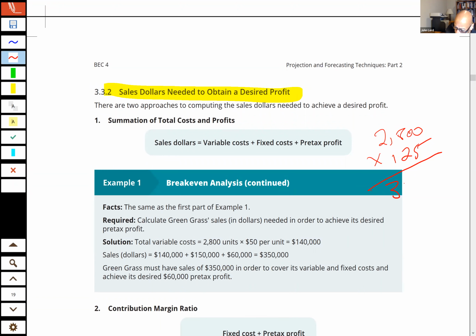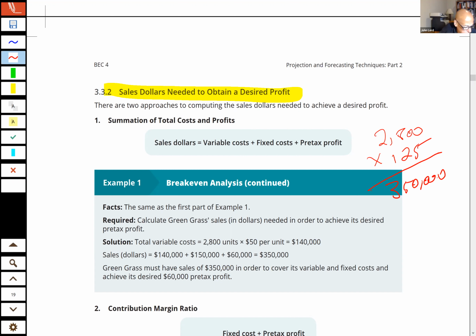You get $350,000. Why are they making us go through all that other nonsense there? Okay, good. Or you could use the contribution margin ratio, and that automatically turns it into dollars. So I guess you could flashcard that.